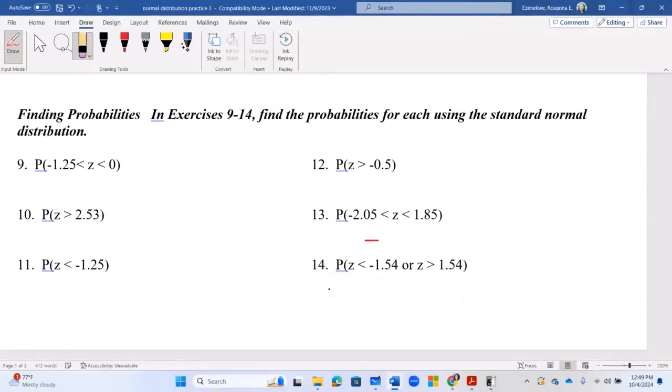In question number 14, it's asking to find the area to the left of negative 1.54 or area to the right of 1.54. Anytime I have this kind of question, I remember that the normal curve is symmetrical. So I'm going to shade two tails.